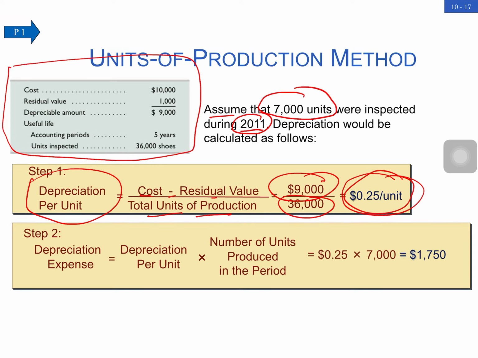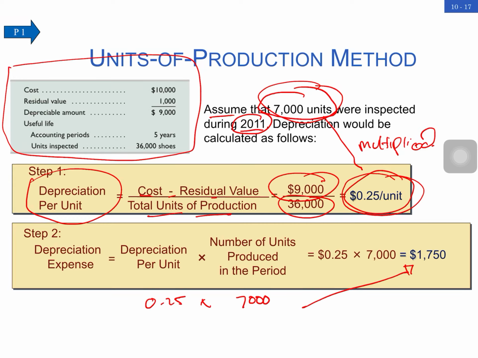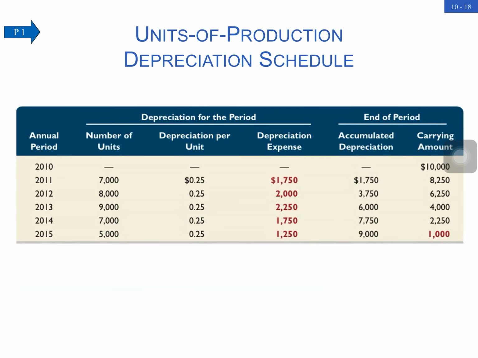This is per shoe, but that year you produce 7,000 units. So you just multiply them together. Okay, so 0.25 multiplied by 7,000, and then you get 1,750. So this is the depreciation expense. You use this number to record.